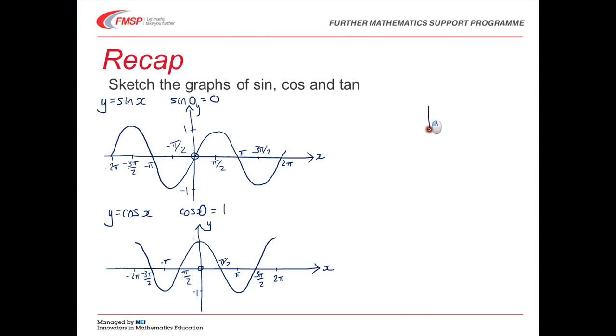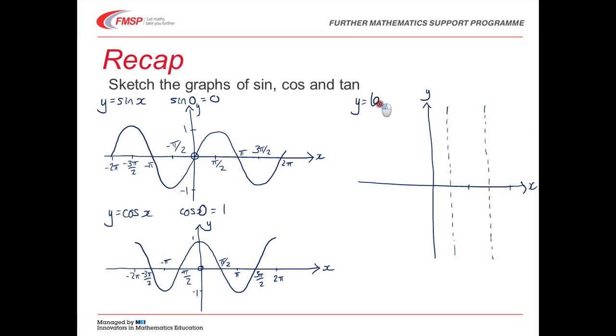And then tan. With tan, it's a good idea to draw in the asymptotes first. So there's the first one at pi over 2, then intersection at pi, another asymptote at 3 pi over 2, another intersection. And negative x, asymptote, intersection, asymptote, intersection.